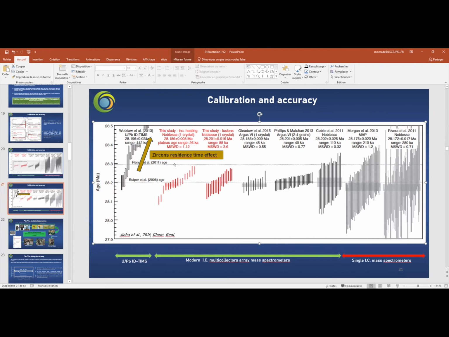I would be very cautious on the precision and accuracy of everything which has been done on basalts. You produce ages that have uncertainty so big that comparing this with uranium-lead right now is not possible. Is there hope of progress?